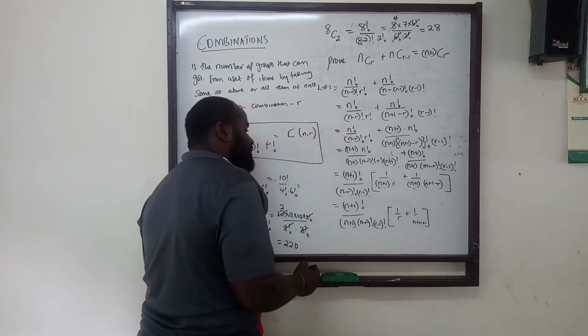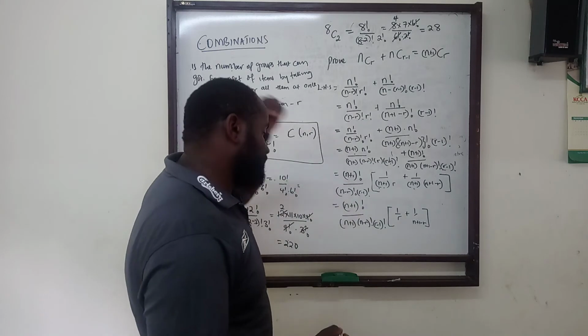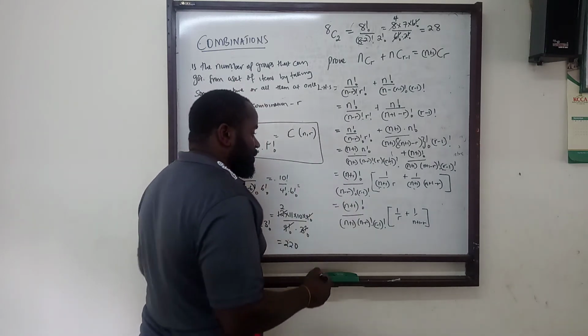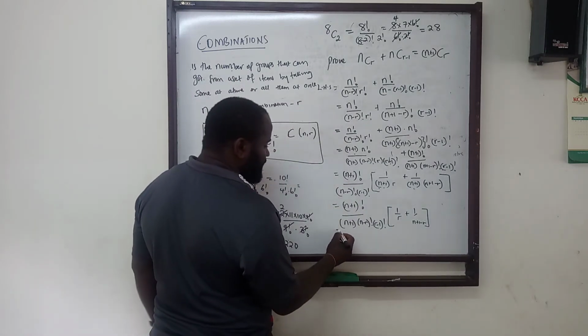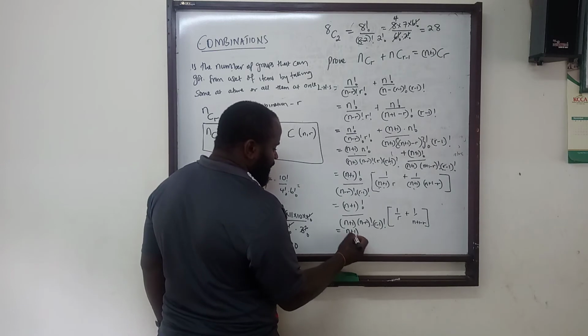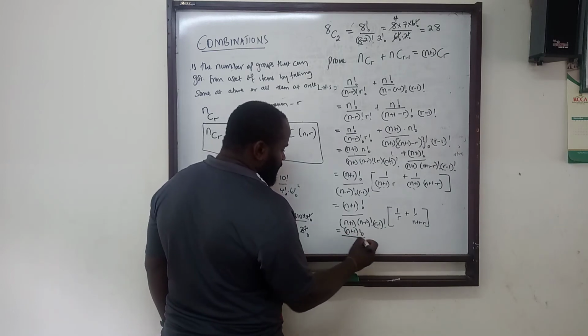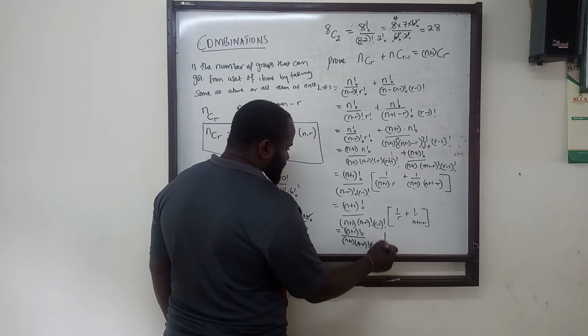So clearly this is, so this is giving me what? (n+1)! over (n+1)(n-r)!(r-1)!.